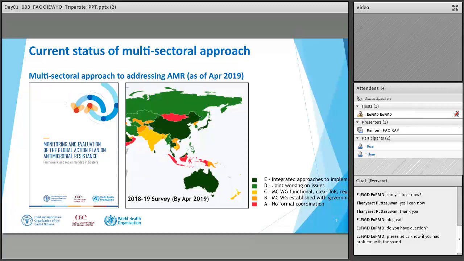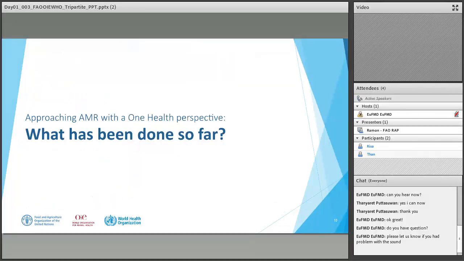And also, there are some countries working with clear PoAs, but still the systems have to be developed to bring all these systems together. And also, there are some countries where there is no formal coordination, so you see, still we have to do a lot. So this is the situation at the moment as far as NAP implementation is concerned in the region.